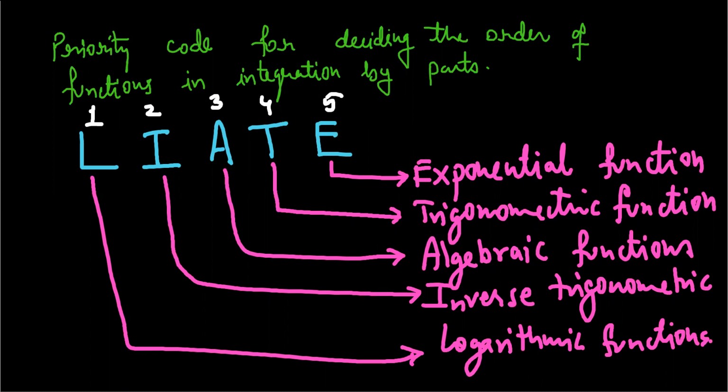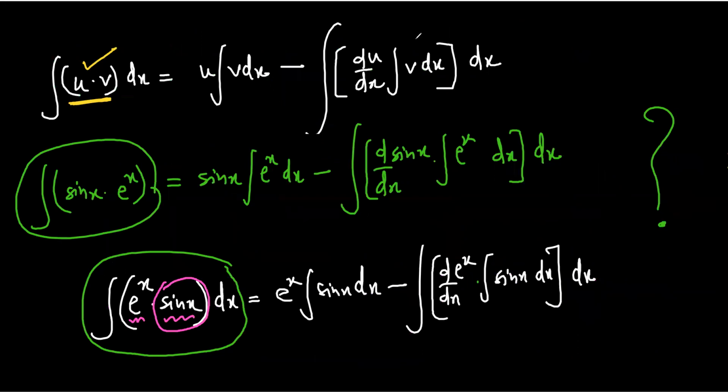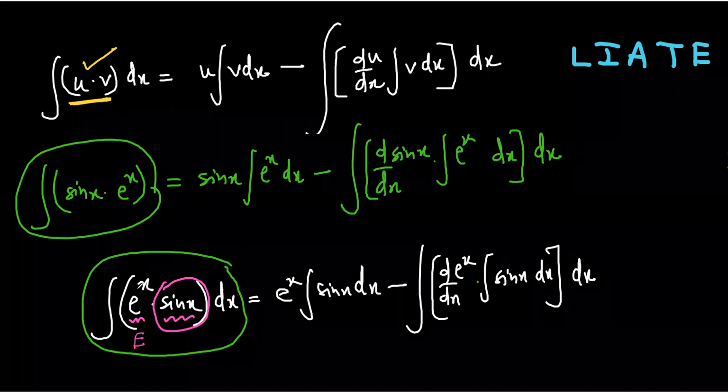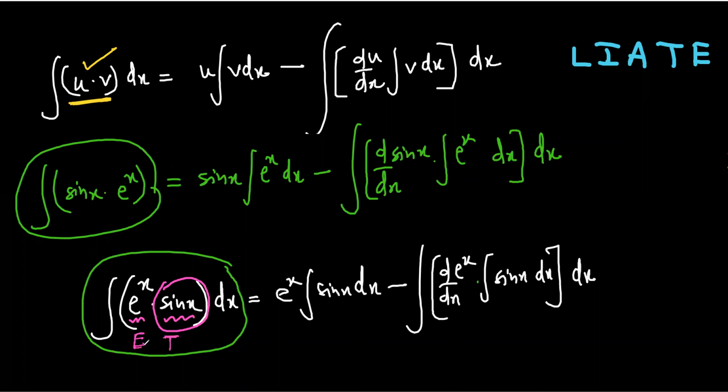Okay, so following this, see here, I will write Liet, L-I-A-T-E, Liet, and now check. What I notice here is e raised to x is an exponential function, E, and sin x is a trigonometric function, T. So here the order you see is ET, but you can check here, it should be TE.